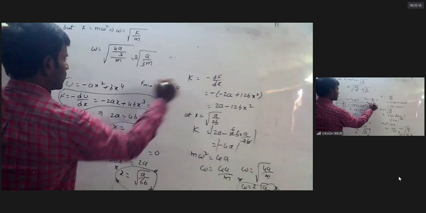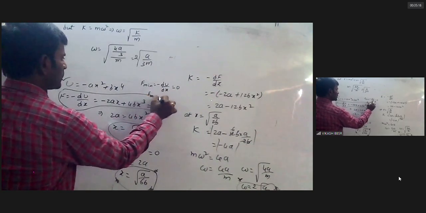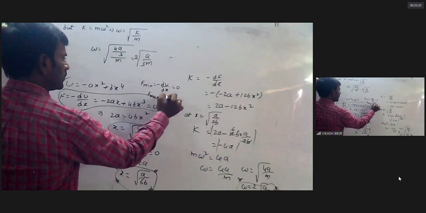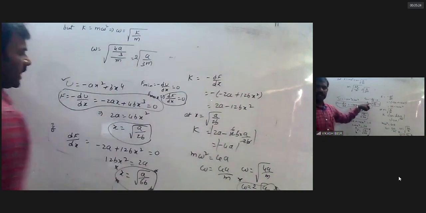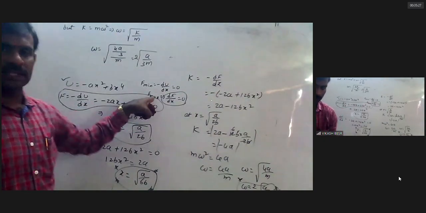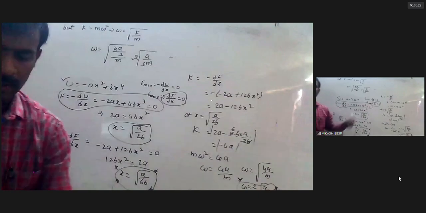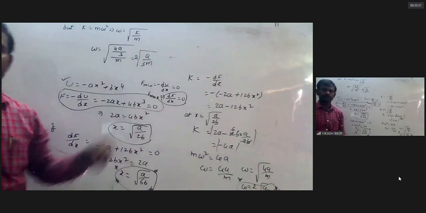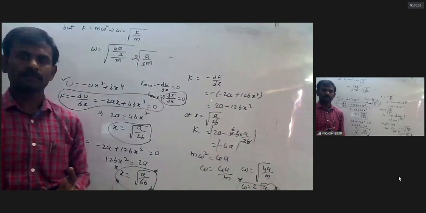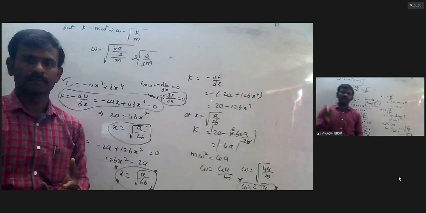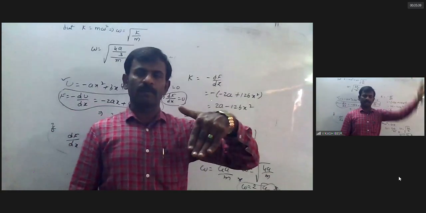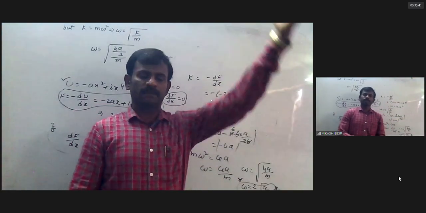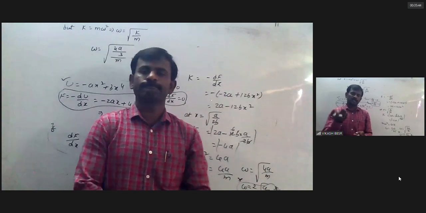F is maxima implies df by dx equal to 0. When the force is maximum, is it at equilibrium position or at extreme position? Equilibrium or extreme position?